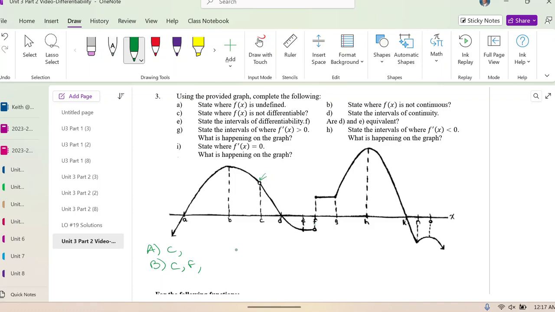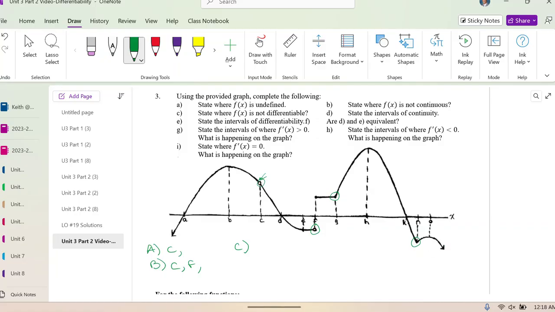Now, part C says where is f of x not differentiable? Well, remember, it's not differentiable if it's not continuous. So at C is 1, at F is another. Also some sharp turns, like G and N, right? Because those are sharp turns.